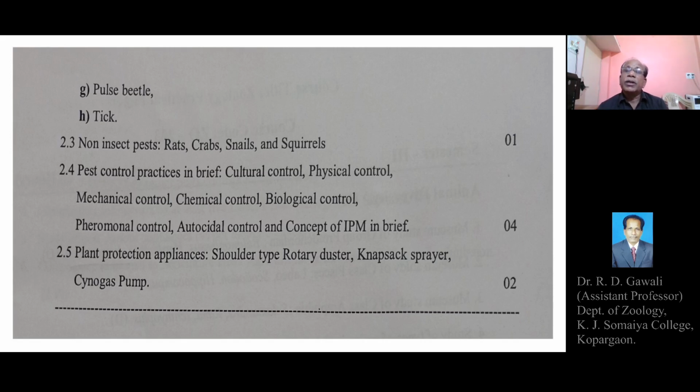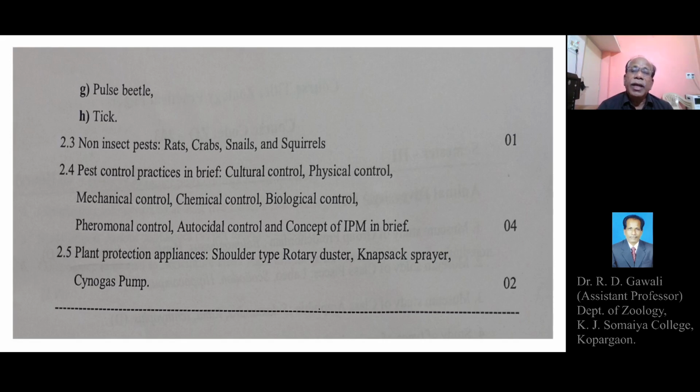There are different types of pesticides, and for the application of these pesticides we need different types of equipments: shoulder type rotary duster, knapsack sprayer, and the cyanogas pump. Shoulder type rotary duster is used for the application of powder pesticides like DDT, BHC.